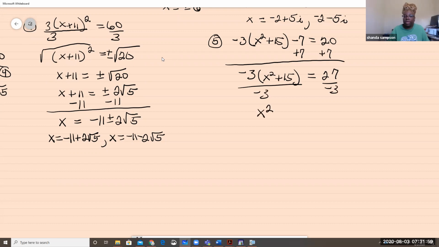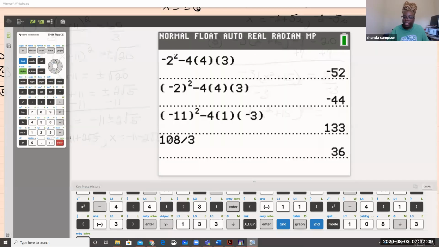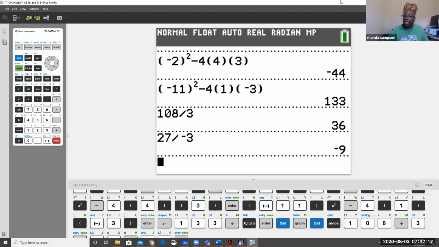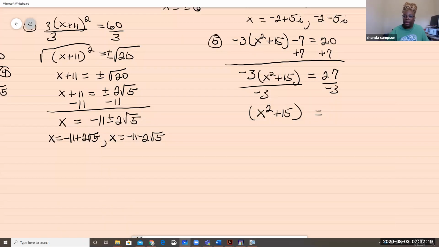You get x squared plus 15, right, is equal to, remember, don't be afraid, even on these. Now, I know this, 27 divided by -3. Don't be afraid to use your calculator because you feel like you know the answer. It's -9. A lot of students will forget the negative. All right, that's -9.